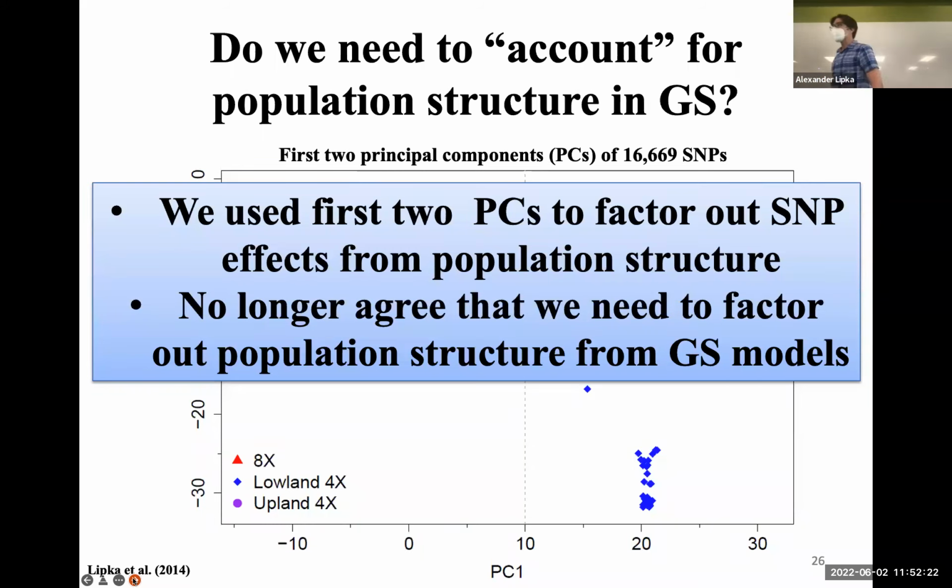So my suggestion is, don't do what we did in this paper. We probably underestimated the prediction accuracy of these traits. Here's the deal: population structure, even though it's a nuisance set of genetic variability, is still a set of genetic variability.